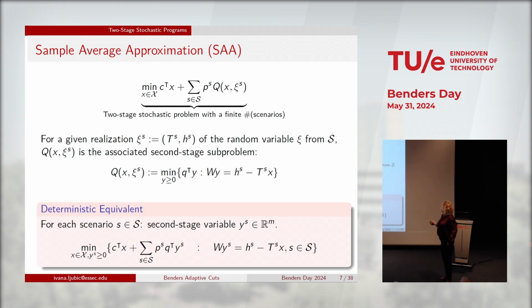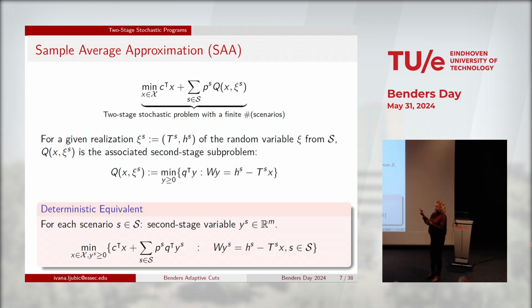So that means that if we really want to be very precise and to get the true optimal solution, this number of scenarios can be extremely large. And that is where Benders decomposition can help us, by taking advantage of it when solving these types of problems.